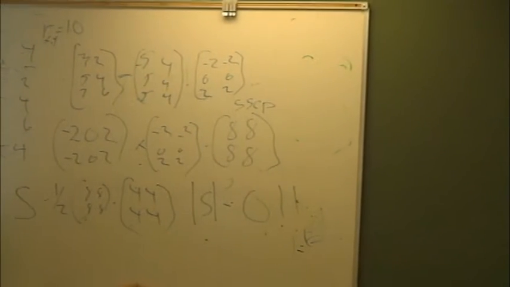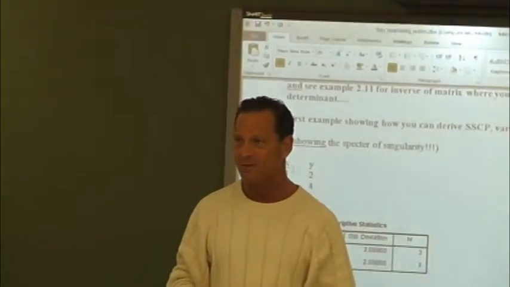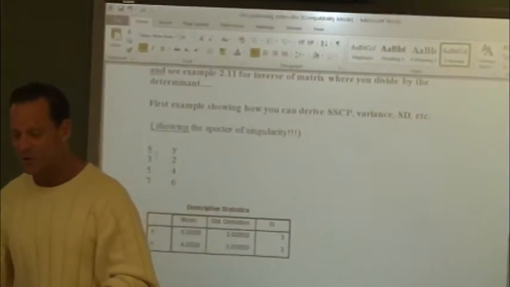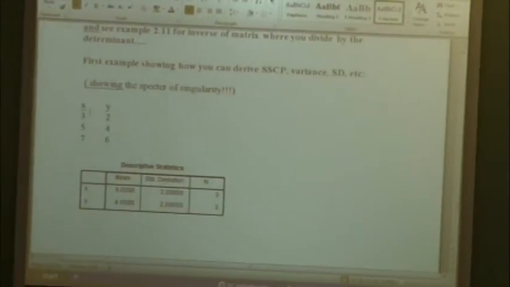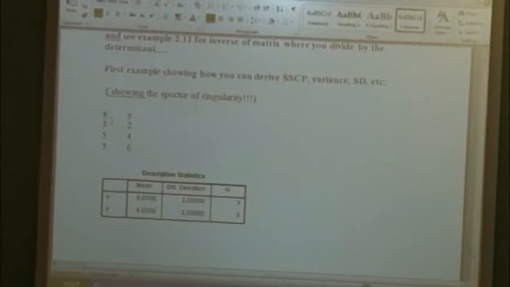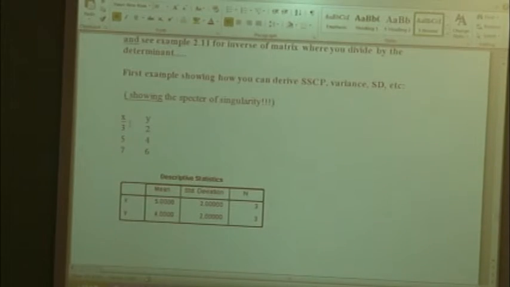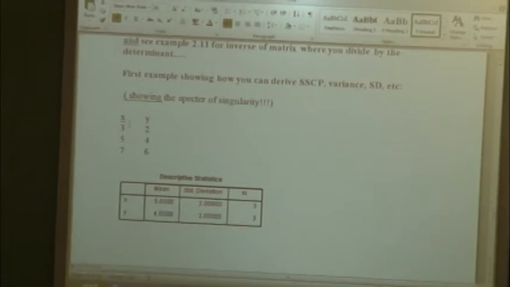Because do you recall what goes in the denominator for matrix inversion? The determinant. So one of these days you're going to get an error message when you run these fancy statistics, saying cannot compute solution, cannot invert matrix, singularity or collinearity, extreme collinearity. And you're going to say, huh?